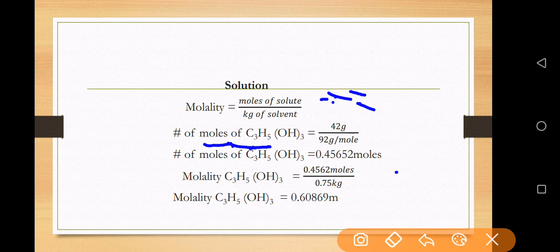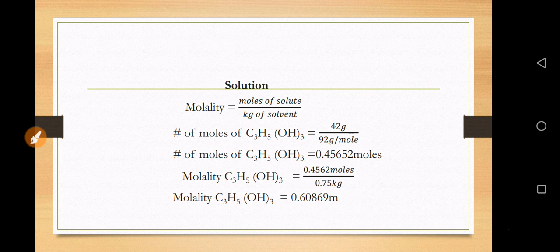If we divide the two, we get 0.60869 molality. And as I have already said, this molality we express in terms of the small m, so we have to take note of that key difference as well.